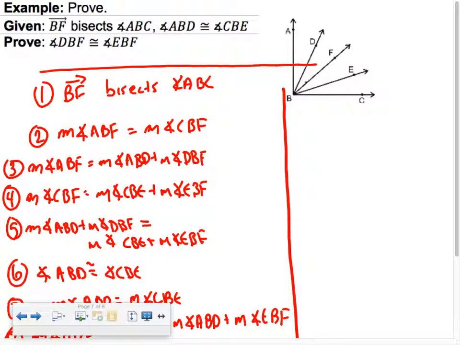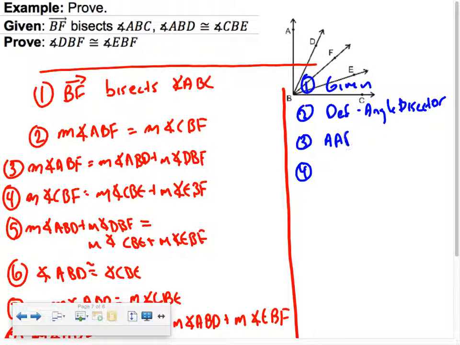All right, line 1. That one is given. Line 2, definition of angle bisector. Remember, an angle bisector splits an angle in half. And 3 and 4 are both angle addition postulates.